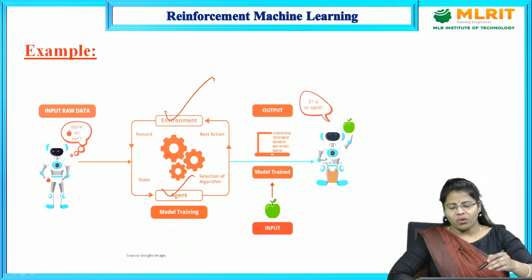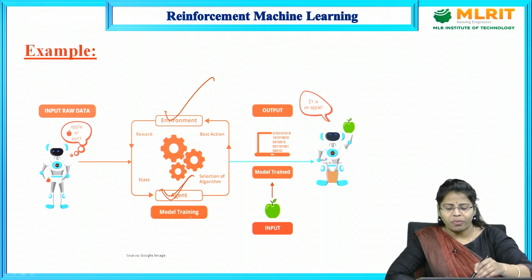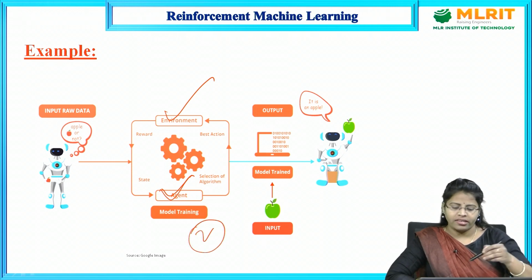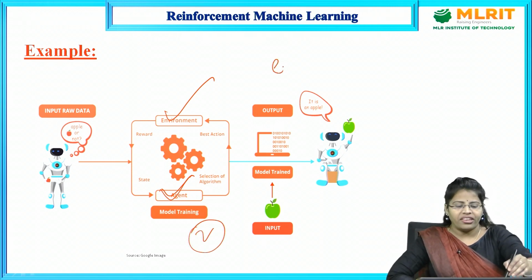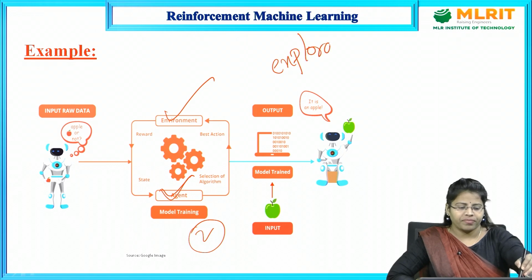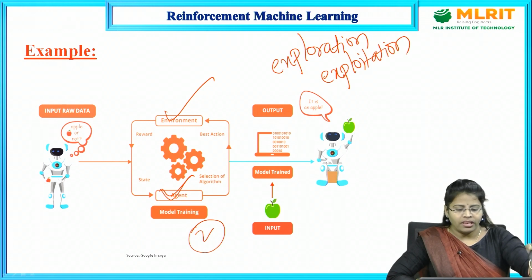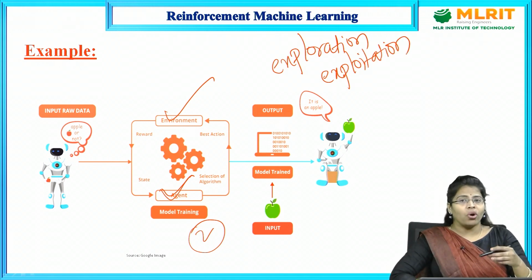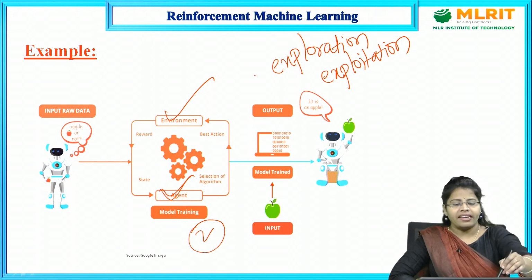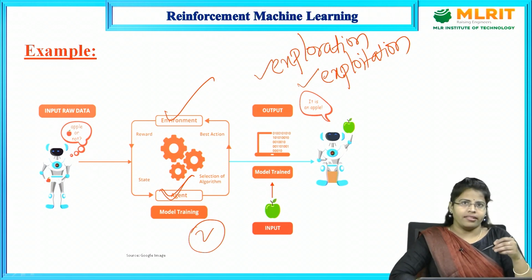Here, the software agent is going to perform two actions, that is exploration and exploitation. The learning agent is going to perform the action in two ways: exploration and exploitation.